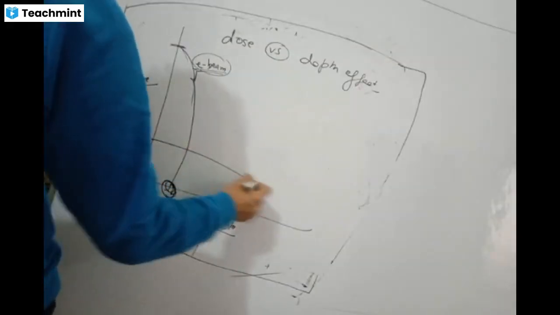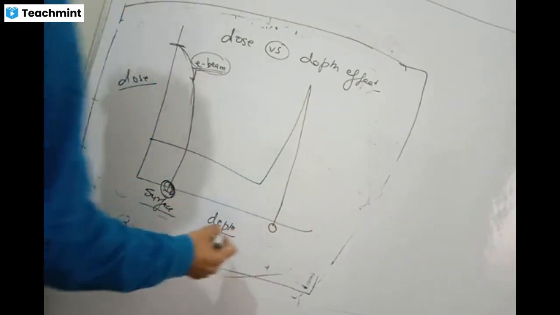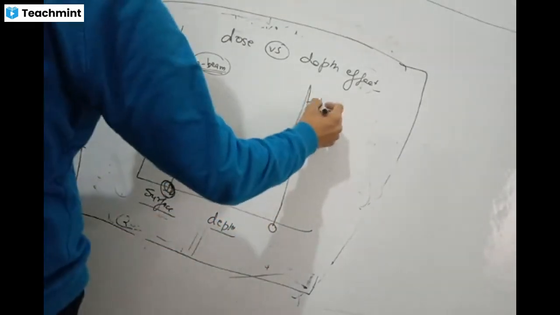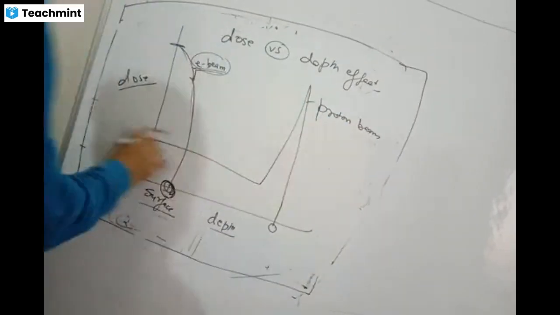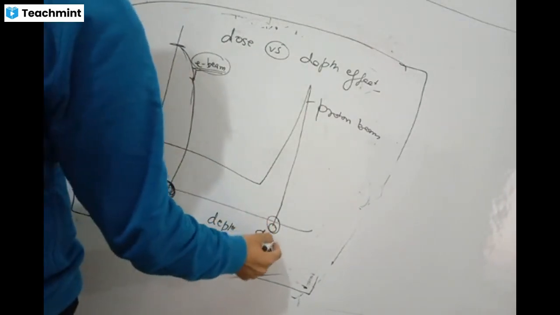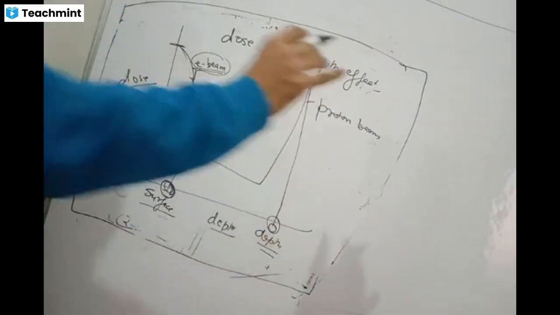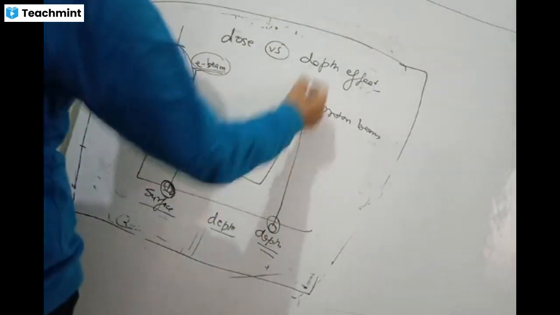But proton beam comes, forms a peak, and falls to zero. This is the proton beam. Proton beam deposits its energy up to this depth. So they are more commonly used for deep-seated tumors.